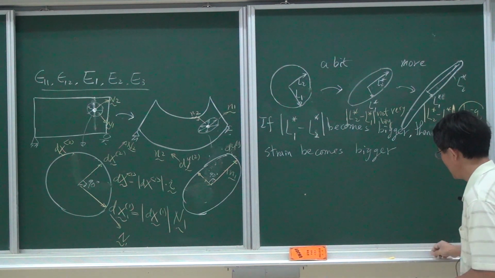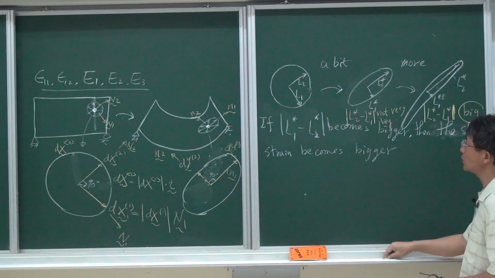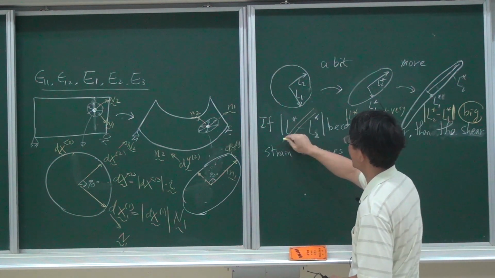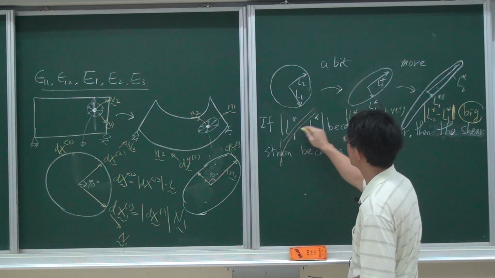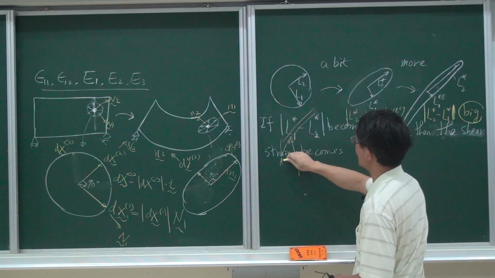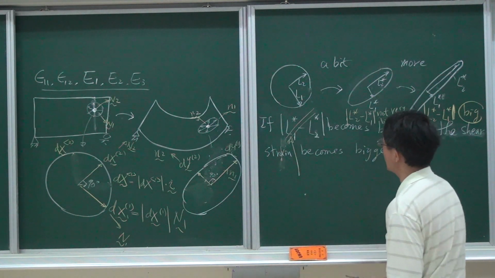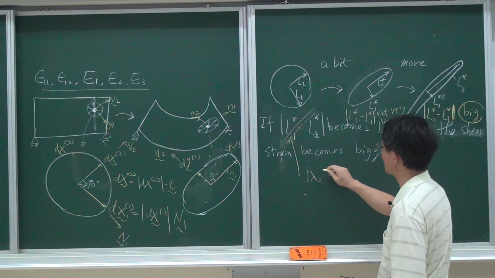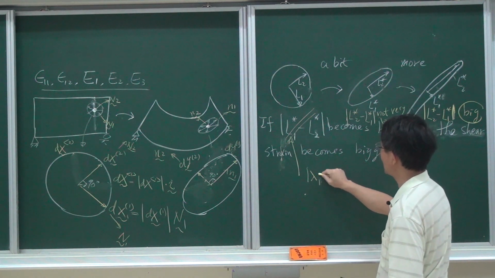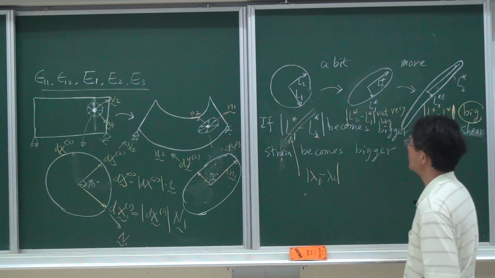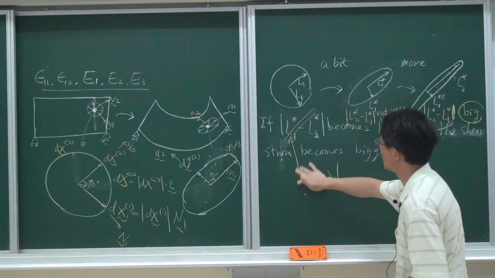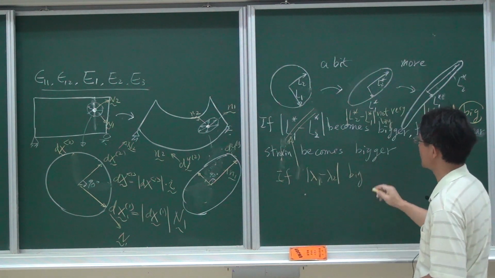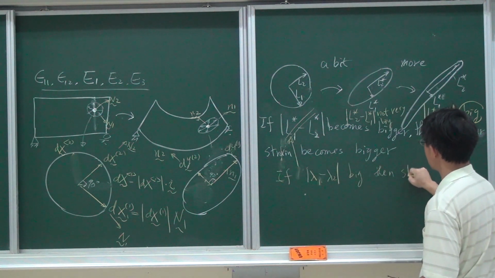But we can also replace this one by this. The argument is good: if lambda 1 minus lambda 2 is big, then the shear is big.